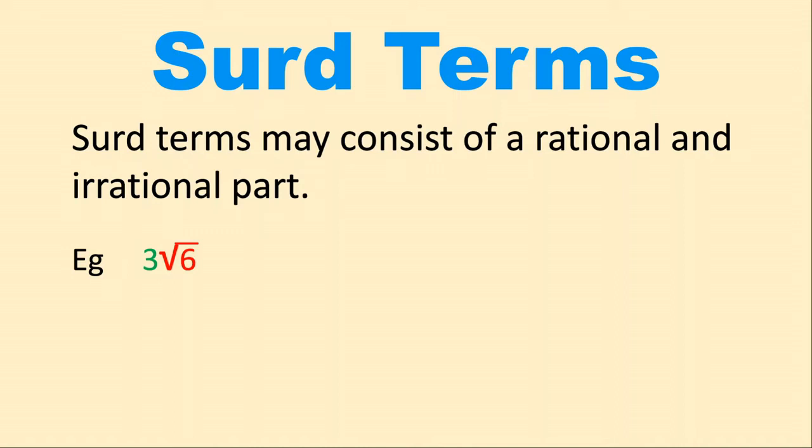This is a surd term which consists of a rational part, the 3, and an irrational part, the root 6. We could also write this as 3 times root 6, because when we put a number in front of a variable like 3x, that means 3 times x. In the same way, when we put a rational value in front of an irrational value with no plus or minus sign, that means multiply.